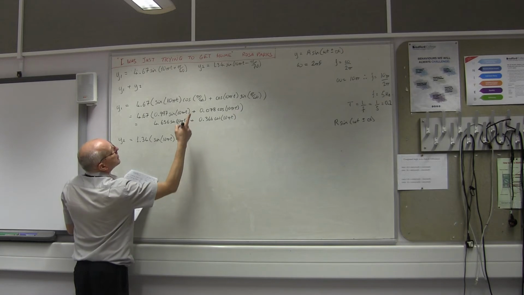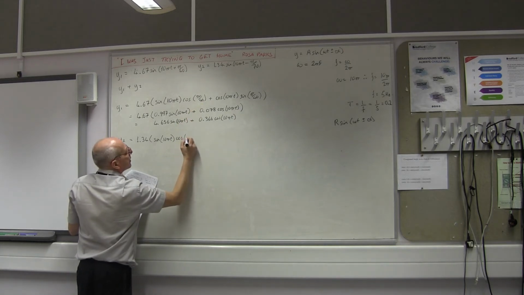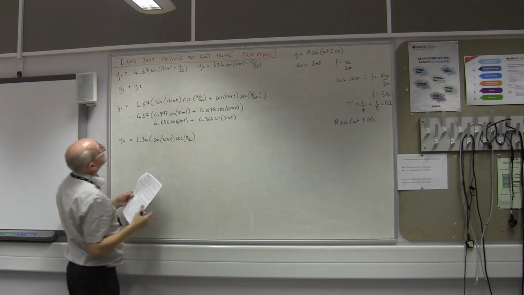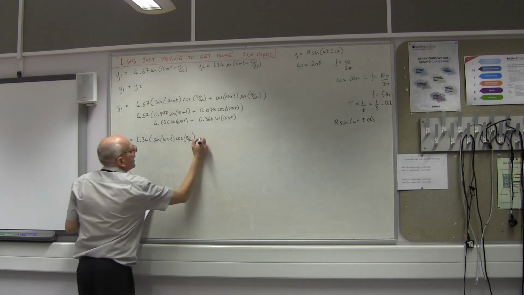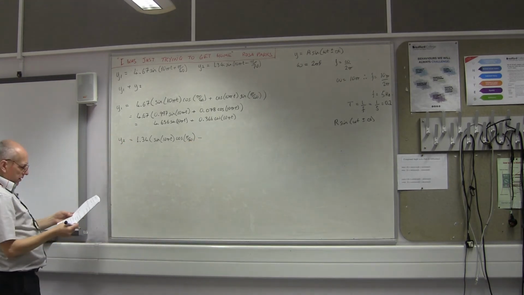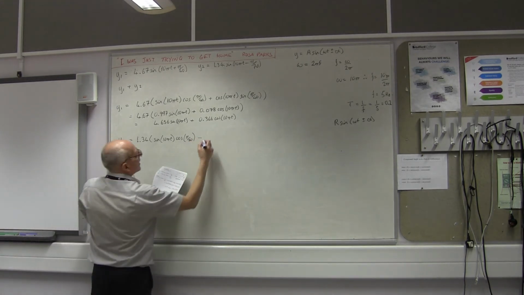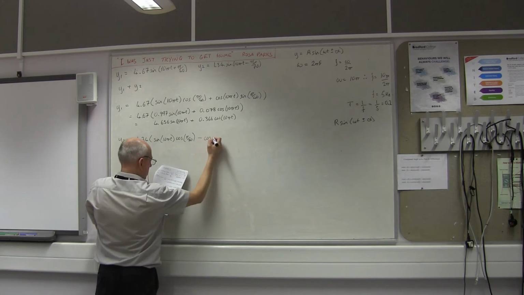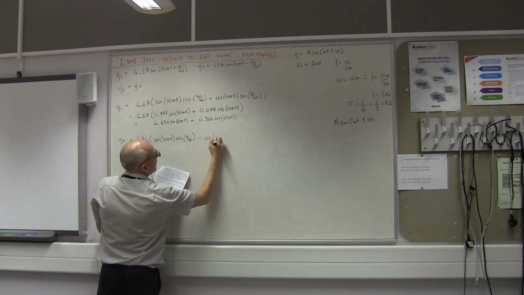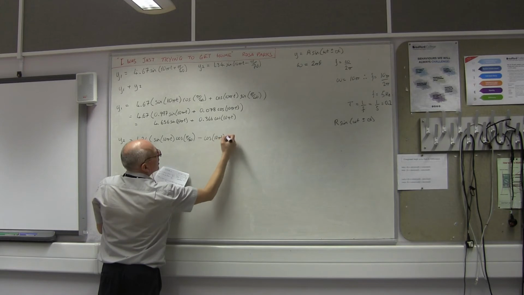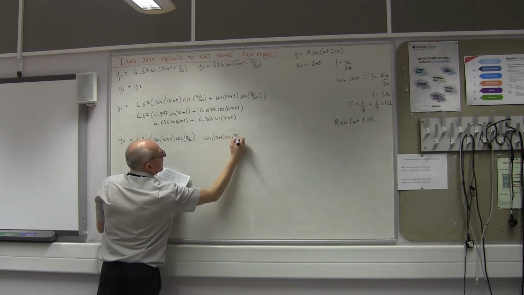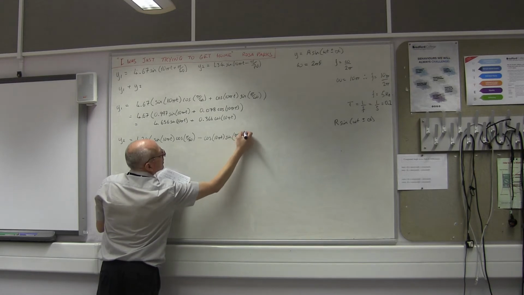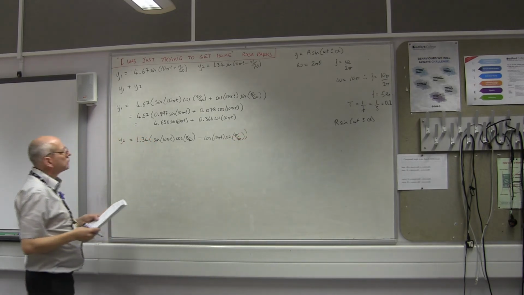Cosine, the b term this time is pi divided by 70. And this time we've got a minus sign, so I'm going to use a minus sign here. And then the second bit is cosine, so the other way around, 10 pi t times sine pi divided by 70. Close bracket.